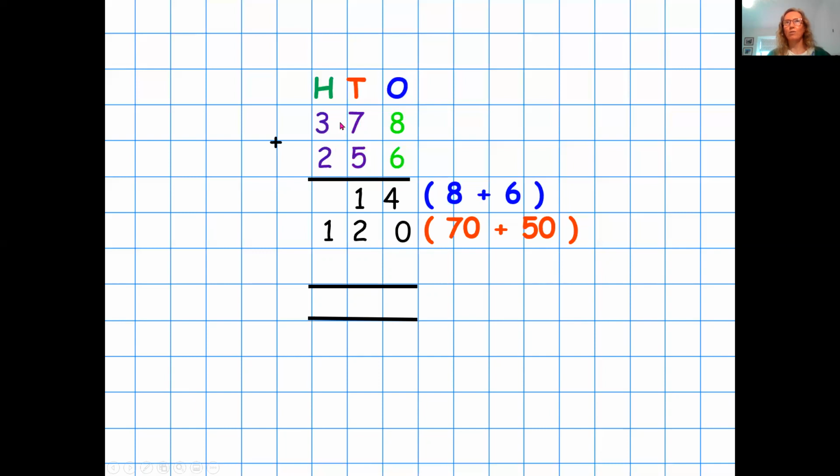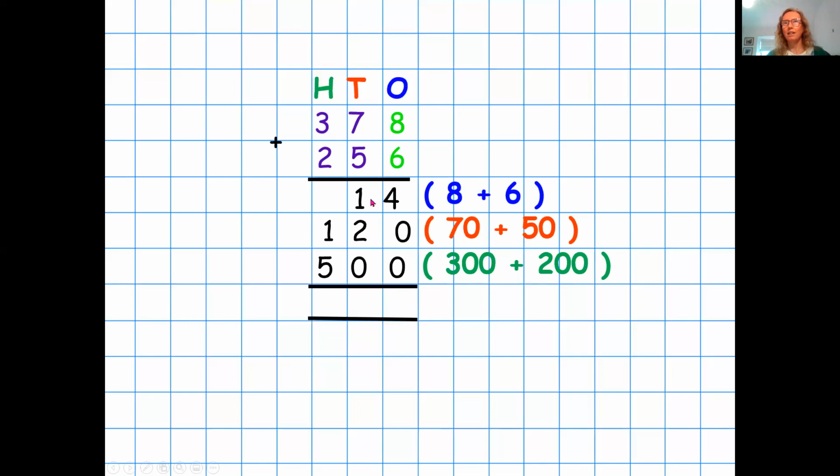Then we're going to add the hundreds. So we've got 300 add 200. So 300 add 200 is 500. And 500 is 5 in the hundreds column, 0 in the tens, and 0 in the ones. Now we're going to add the answers together. So we're going to add 14, add 120, add 500. And the easiest way to do it is to add the ones first. So we've got 4 ones.